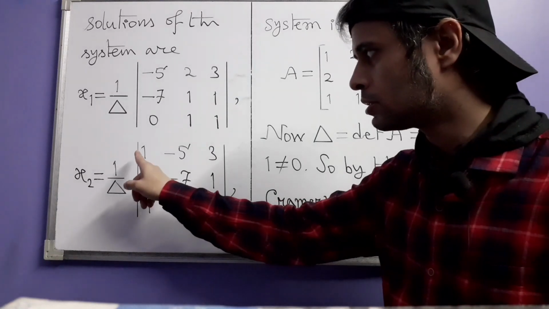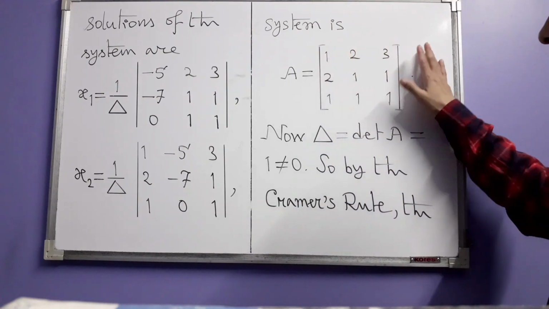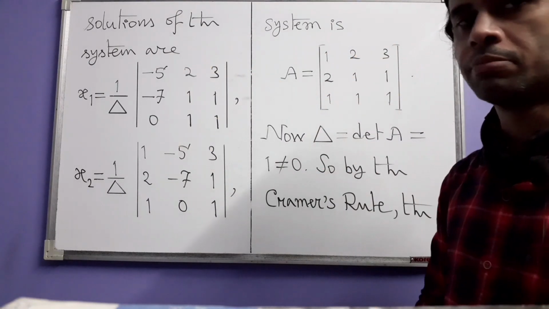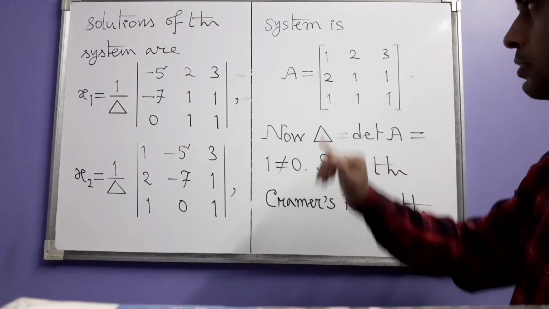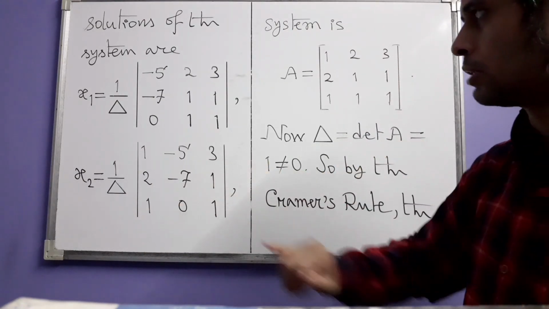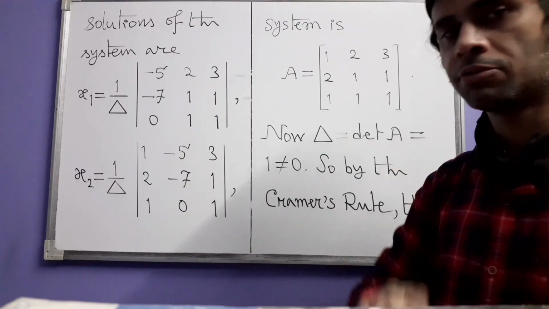Similarly, x2 is delta 2 divided by delta. Delta 2 is obtained from this by replacing the second column with those numbers. So you can see that the first and third columns are unchanged: 1, 2, 1 and 3, 1, 1. But in the second column, we have those numbers, minus 5, minus 7 and 0.